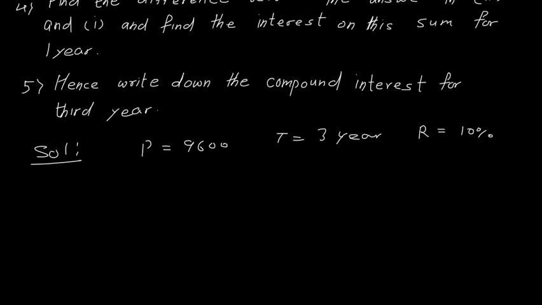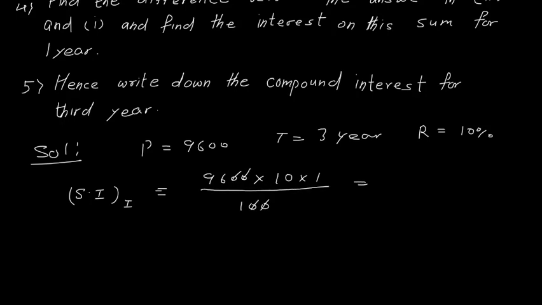Now we will find first simple interest for first year. So simple interest for first year is equals to 9600 multiplied by R, which is 10, multiplied by 1, divided by 100. So this will give me rupees 960.